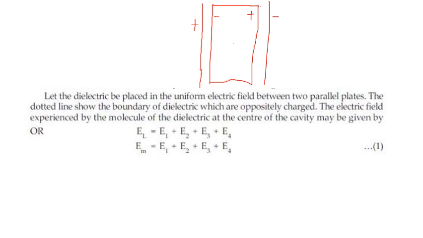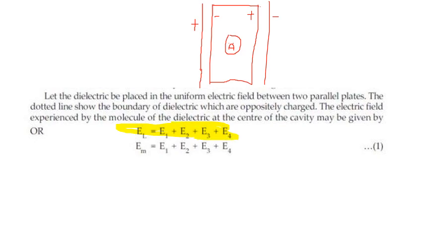Now consider a molecule at the center and try to get the field on this molecule A. I am considering this molecule inside this circle and naming it A or C, whatever. Now we can calculate the electric field at this point, and we can show here the electric field may be of these kinds: E1, E2, E3 and E4.